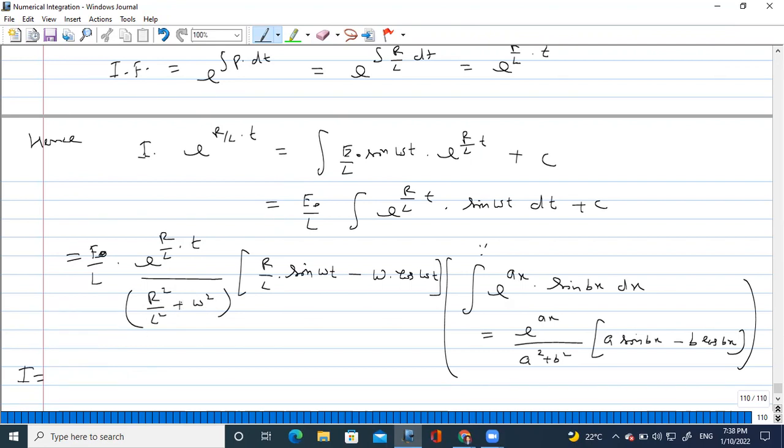So it will become R square plus omega square L square, and L square will go up. So it will become E0 into L square divided by L into R square plus omega square L square. Like this it is. So this L and this L cancel. So it will be E0 L by this much.